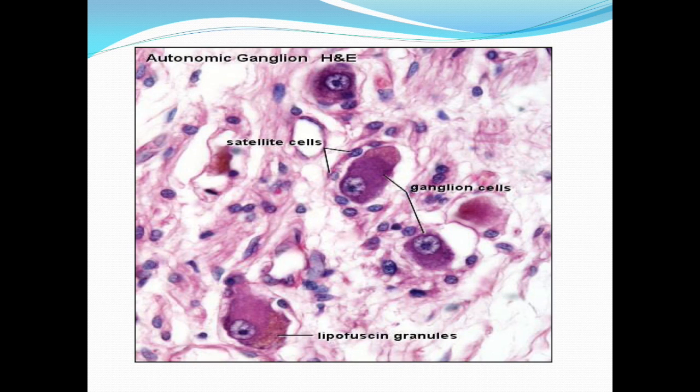Here, another picture showing many important data. Here we have the nerve cell, and this is the nucleus, and this is the nucleolus. And this cell should be in a ganglion because it is surrounded by these low cuboidal cells called satellite cells, so it is in a ganglion. Here we can see also in this cell this golden brown color of lipofuscin granules or lipofuscin pigment discussed before.